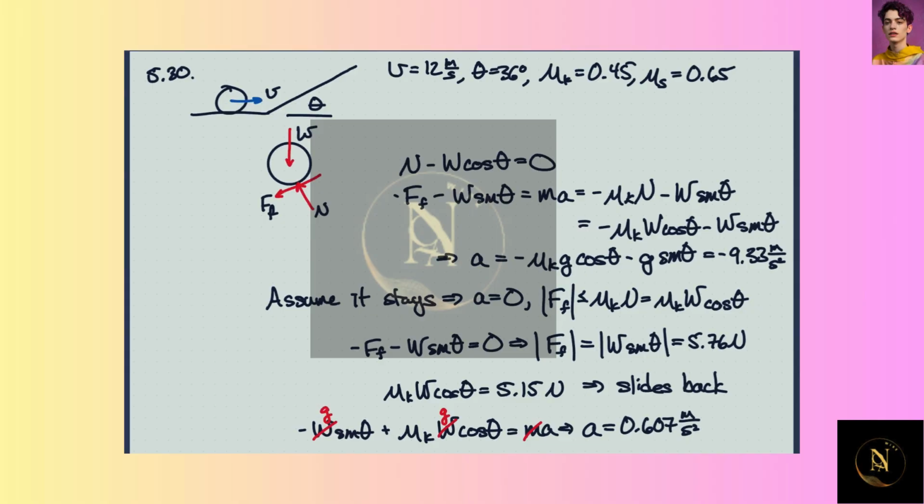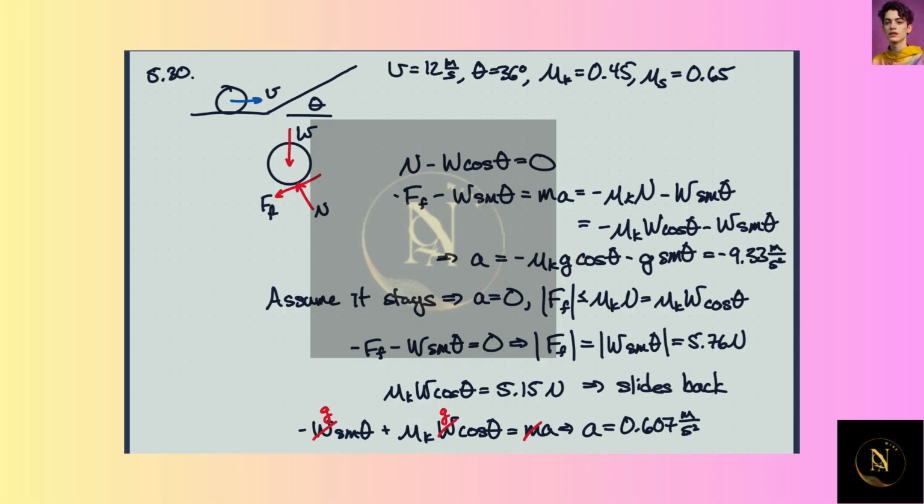Again, we can look at some different cases here. If theta is 0, then the sine is 0 and the cosine is 1, and the acceleration is just going to be caused by the friction, right?